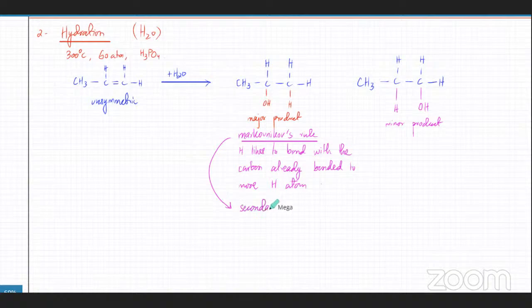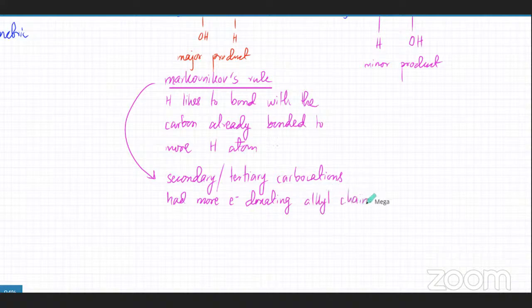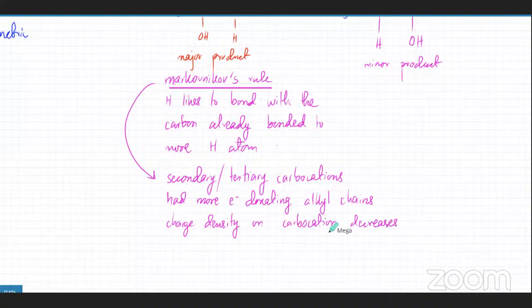Secondary or tertiary carbocations had more electron donating alkyl chains, and because of that the charge density on the carbocation decreases, and you have a more stable carbocation.